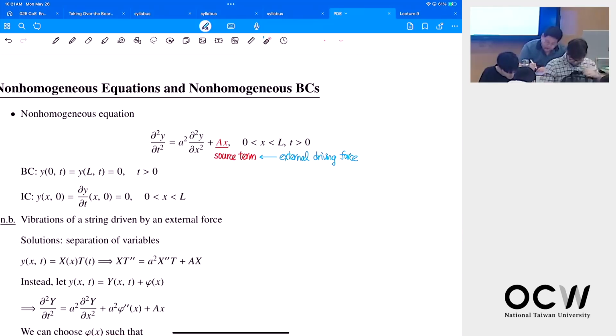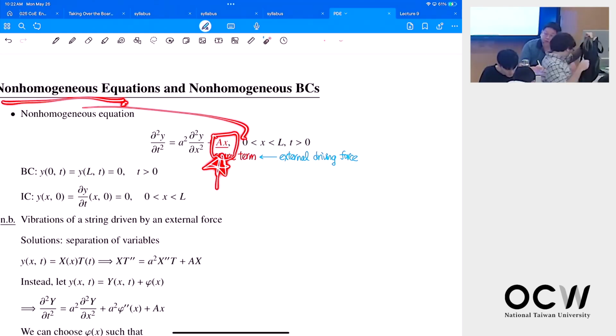We still have the boundary conditions and initial conditions, but now I just have an additional term. So how do I deal with this additional term for the non-homogeneous equations?